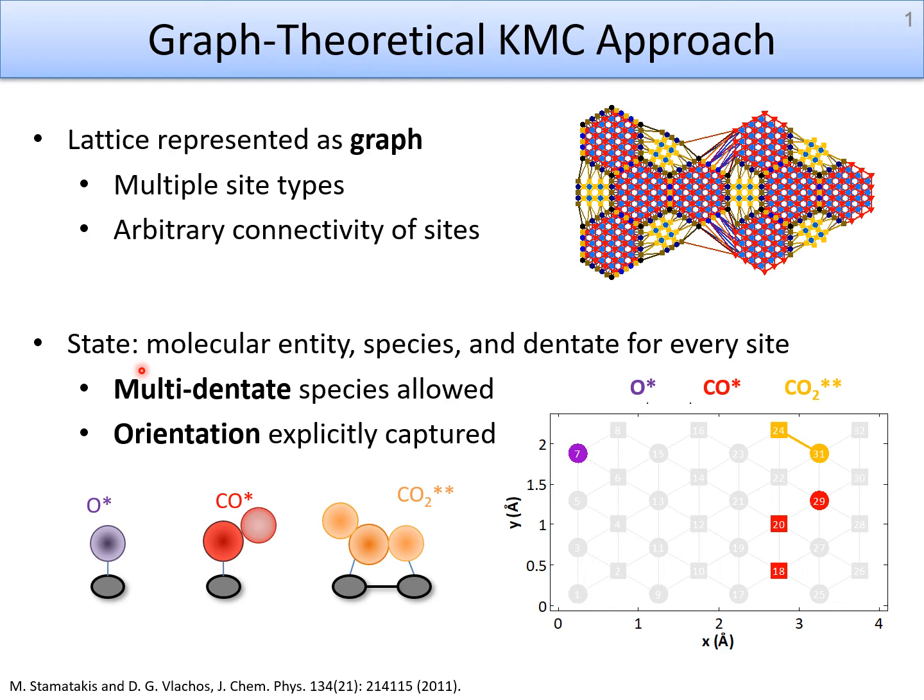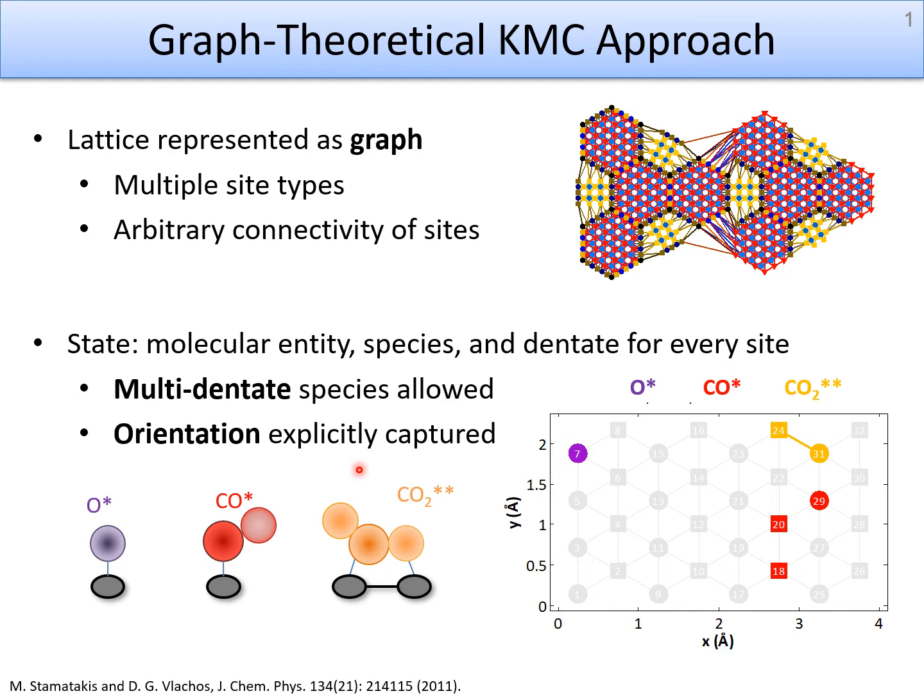Now, if we have monodentate adsorbates that sit on one site type, things are quite easy. However, we would like to also capture multidentate adsorbates, like this configuration for carbon dioxide here, which is in this case a bidentate species. So in the graph theoretical approach, multidentate species are allowed and the orientation is explicitly captured.